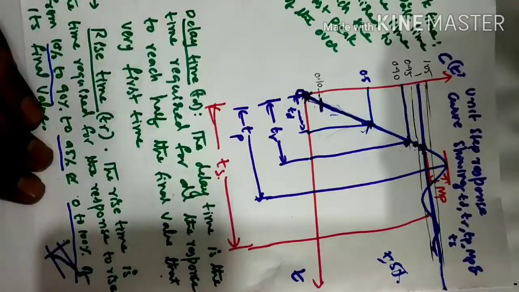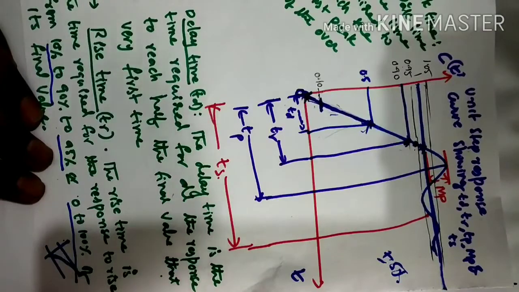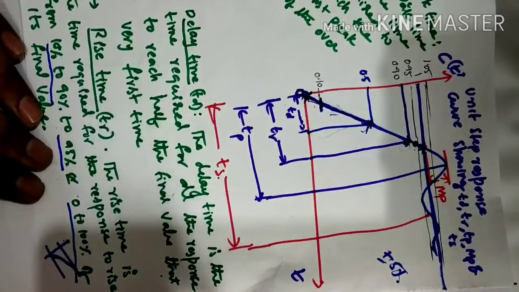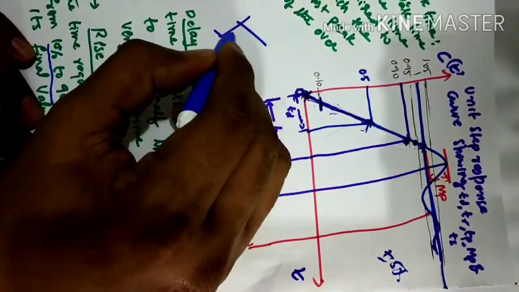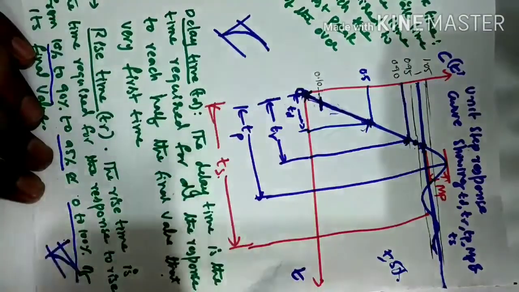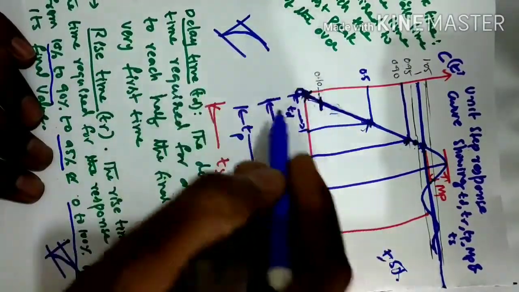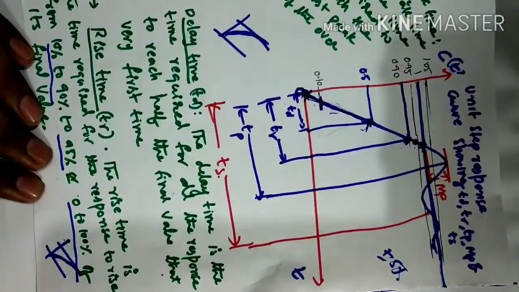For an overdamped second order system, the 10% to 90% rise time is commonly used. This is an overdamped response.